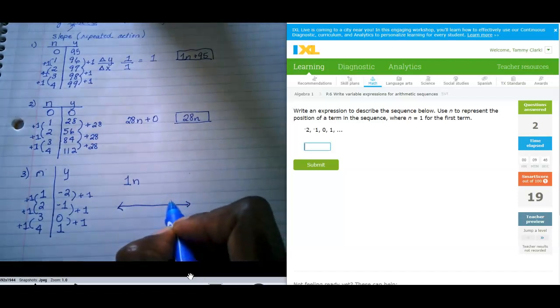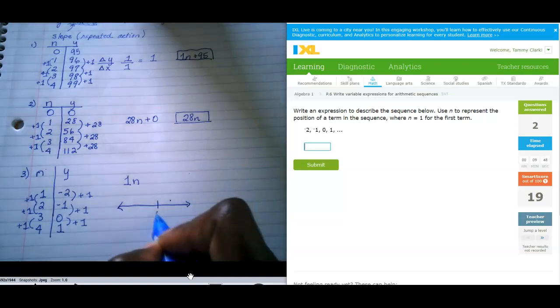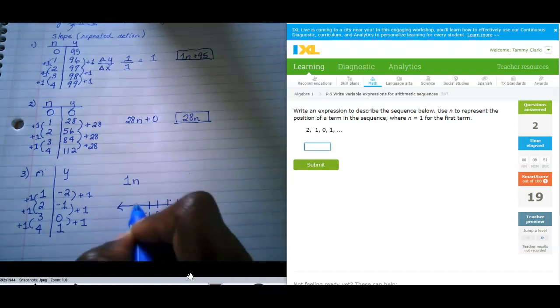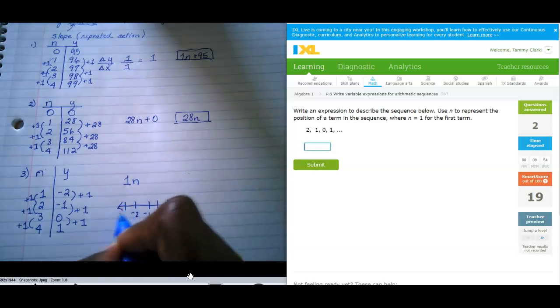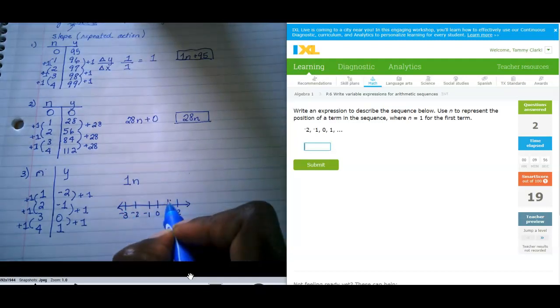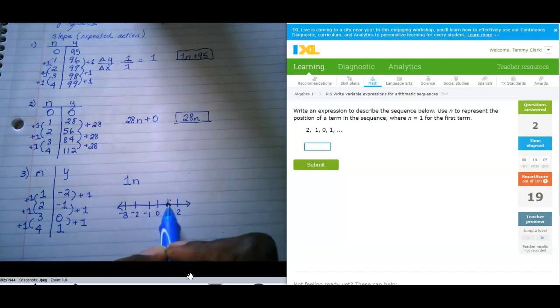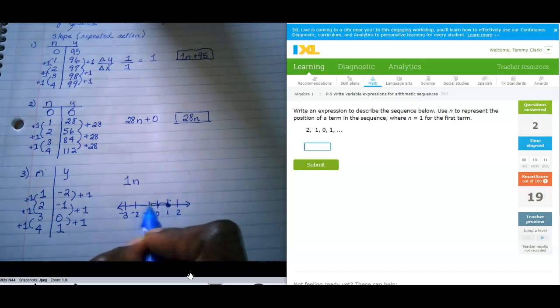If I'm at 1, let's say this is 0, 1, 2, -1, -2, -3. Here I am at 1, because 1 times 1 equals 1, but this is -2. So what did I have to add or subtract to get to -2? Well, 1, 2, 3.